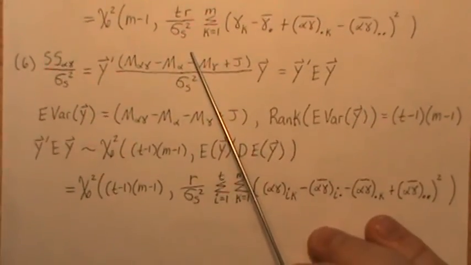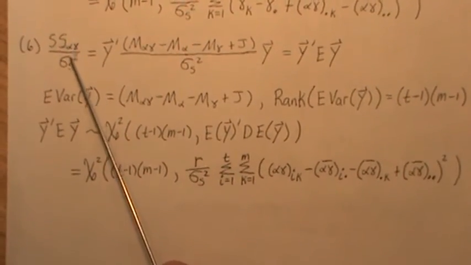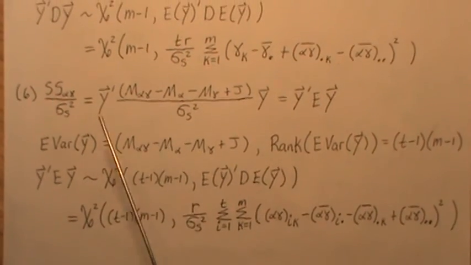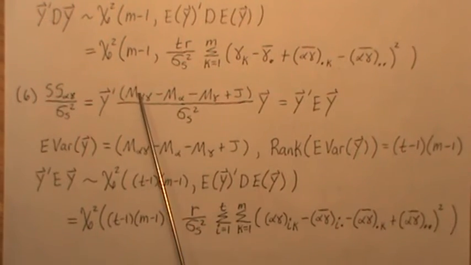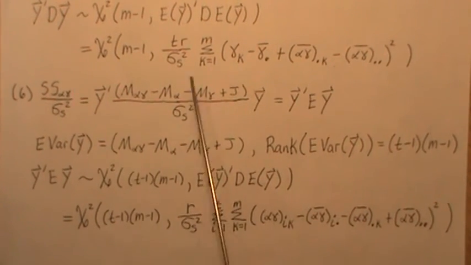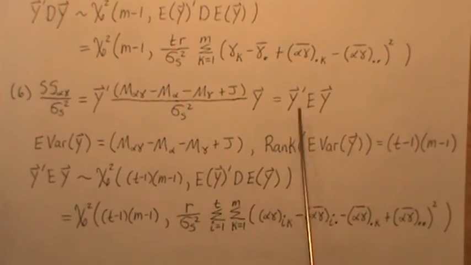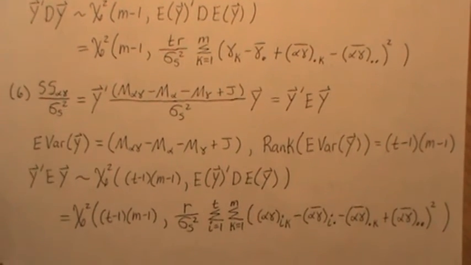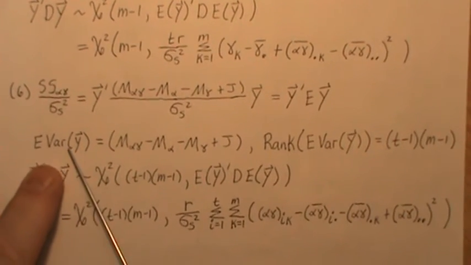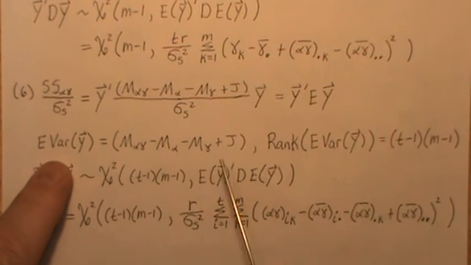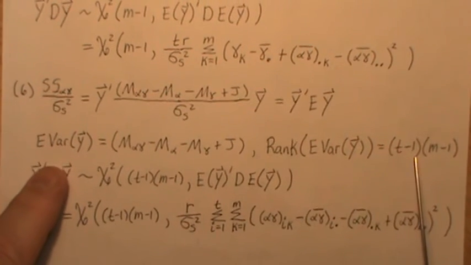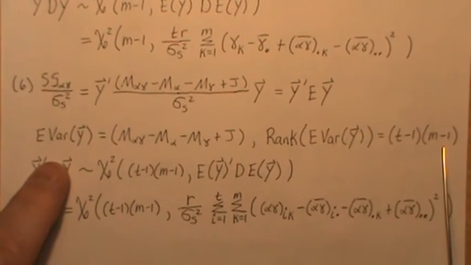Then the sums of squares for the interaction space between alpha and gamma, divided by this constant, is this quadratic form. And if we call this E, then we can show that E times the variance of y is this perpendicular projection matrix, which is idempotent and has a rank of t minus 1 times m minus 1.